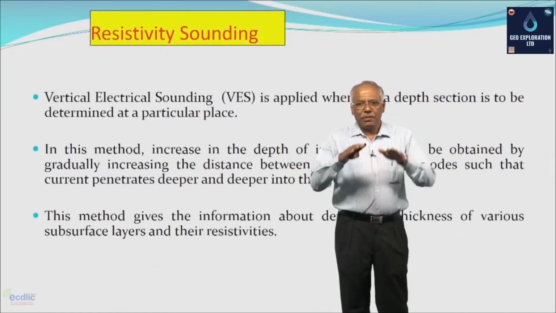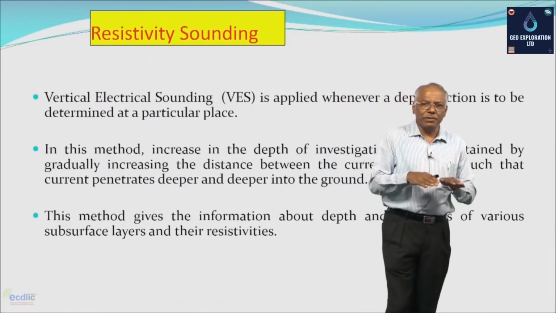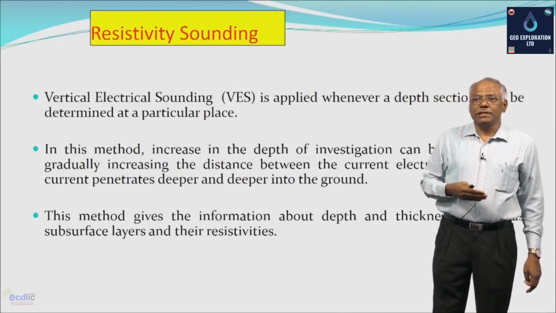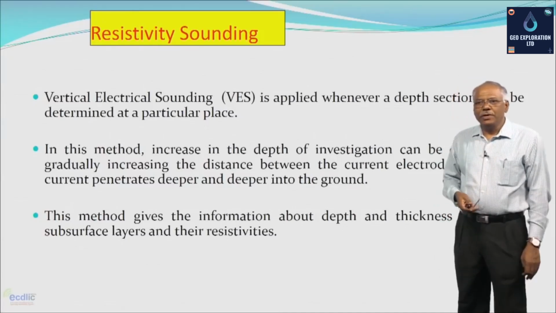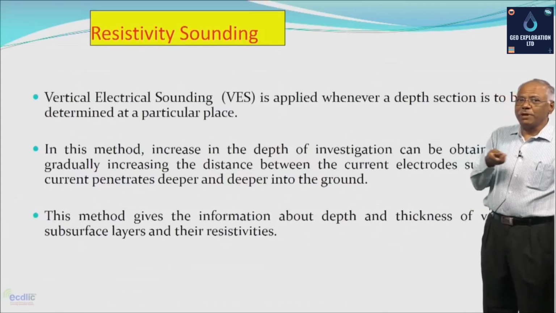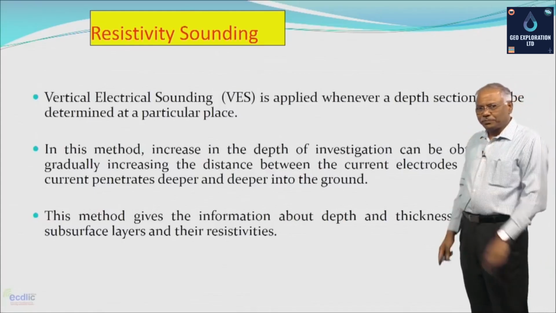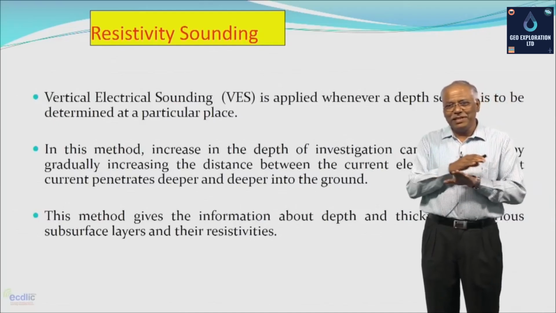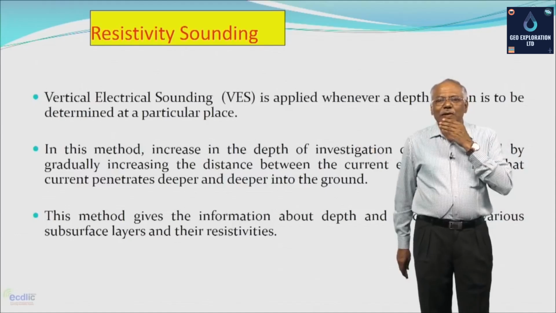Similarly, here from the surface down to the desired depth, maybe 100 meters or 200 meters or 50 meters, whatever it is, we measure the vertical variations in the electrical resistivity of the rocks. This is the depth section, which is mapped by vertical electrical sounding, whereas the horizontally spread section is mapped for a constant depth by using horizontal profiling.